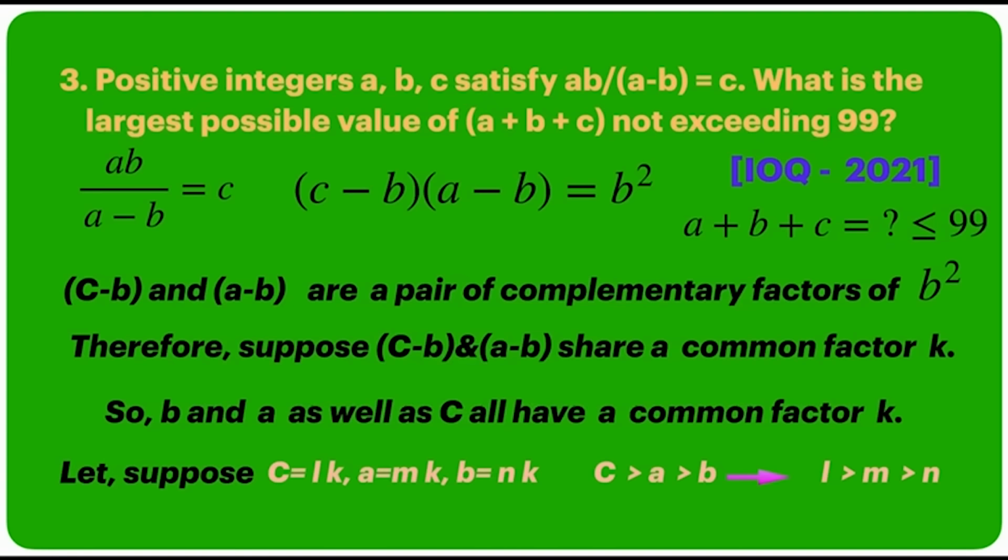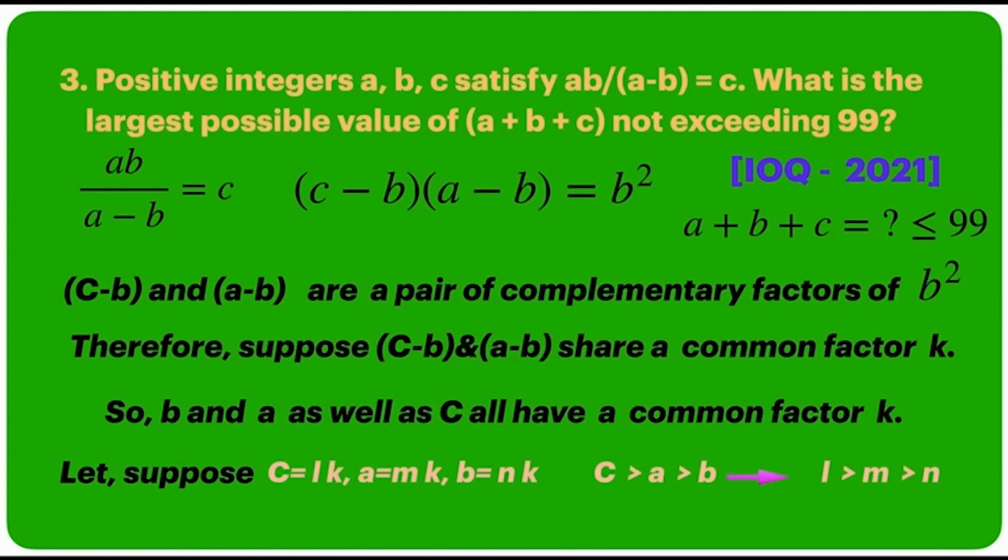Suppose, if not, then less than 99. So first of all, we can guess that adding the three values a plus b plus c will come to 99.